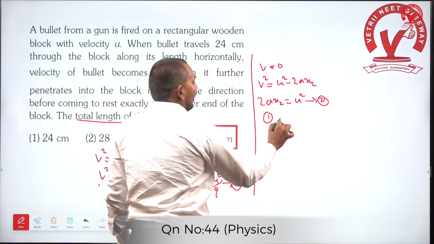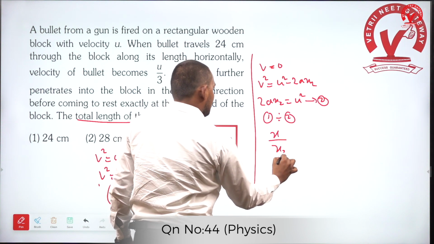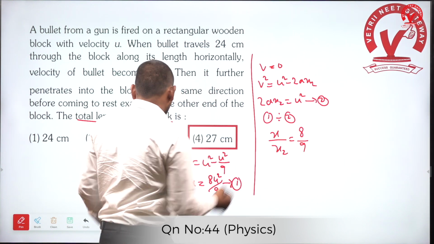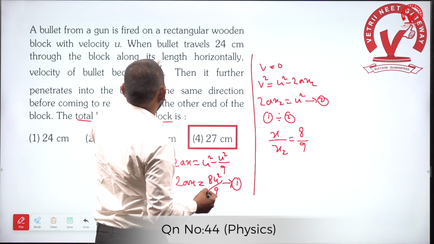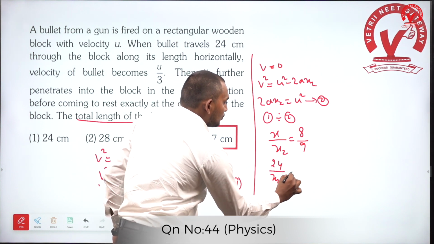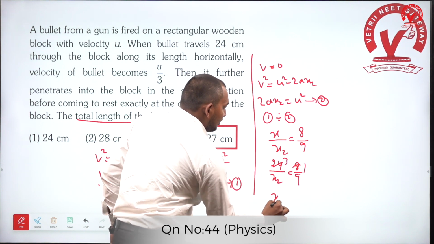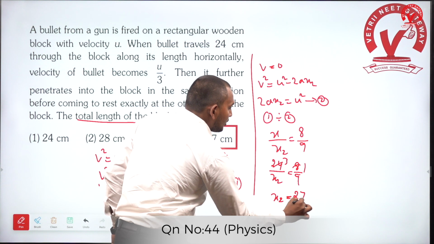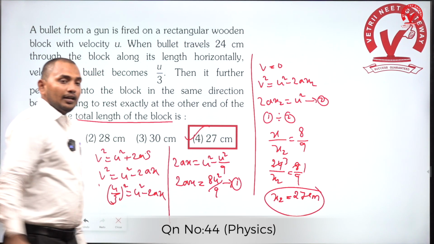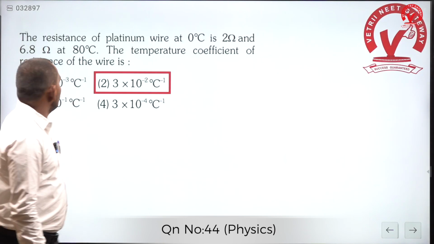Solve 1 and 2, then we will get x by x2 is equal to 8 by 9, and x value is already given, 24 centimeters. 24 by x2 is equal to 8 by 9. 8 ones are 8, 3 nines are 27, x2 is equal to 27 centimeters. So option D is the correct one, option 4. So we will go for next question.